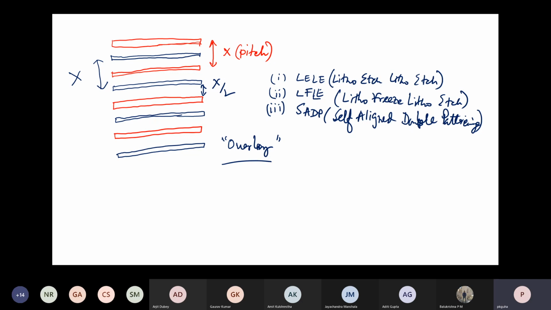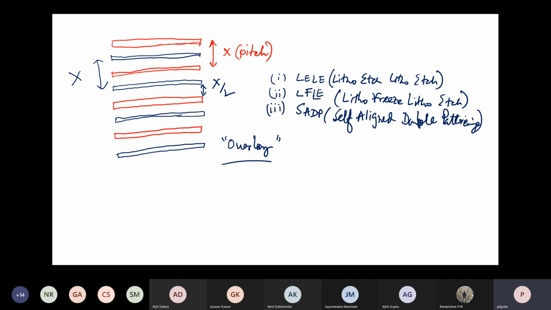So we have printed the blue line while the red line already exists. How accurately we can print the blue line is basically known as overlay.